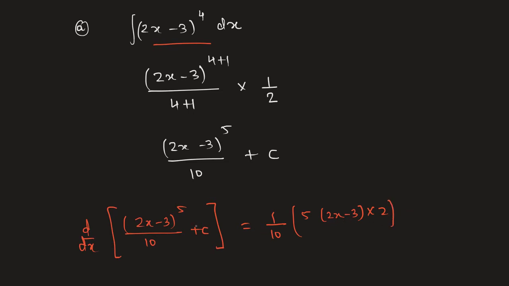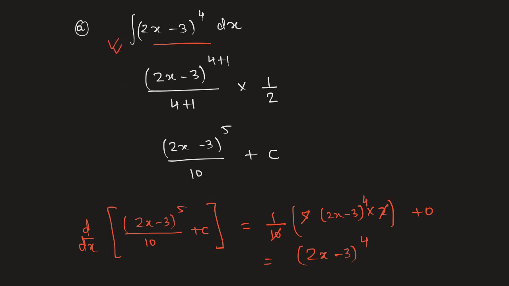Now differentiation of a constant is 0. Now over here this would be 4, the power gets reduced by 1. Now this is 5 times 2, 10. Now I can cancel out this 10 over here. So what is the value we are getting? (2x minus 3) to the power 4, which is the same as this part.